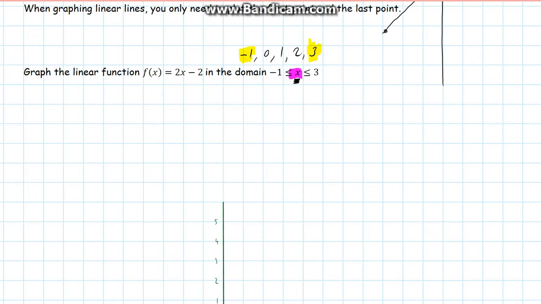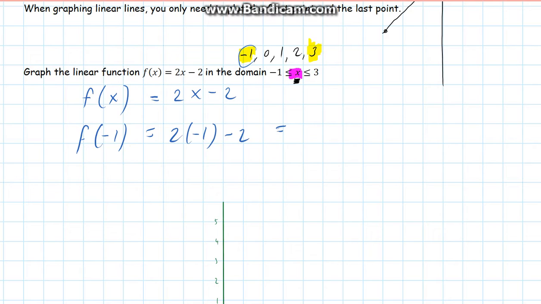So our function is f of x equals 2x minus 2. My first point is when x is minus 1. So f of minus 1 equals 2 times minus 1 minus 2. That gives me minus 2 minus 2, which is minus 4.